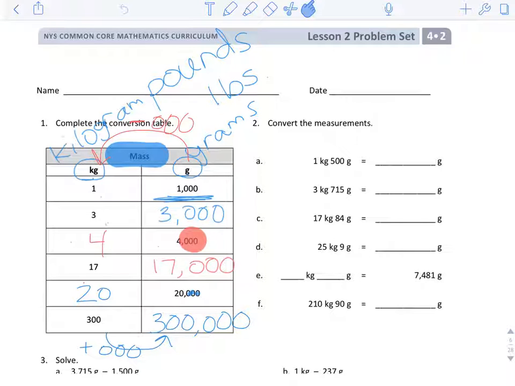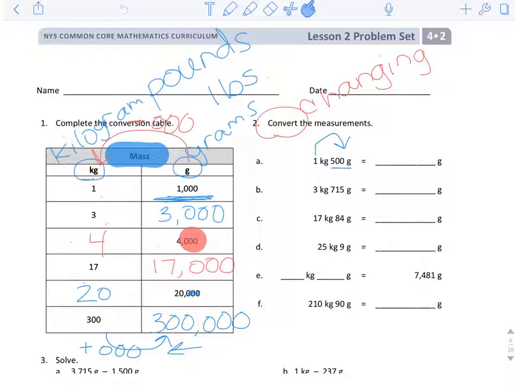So when we're converting or changing measurements, we have to think about how many there are in one. So, I'm going to switch here to blue. In 1 kilogram, if I wanted to put it together with grams, I have to convert it. So that means I'm going this way, which means I'm going to, if we look down here, add 3 zeros.